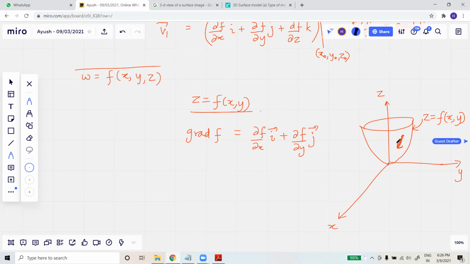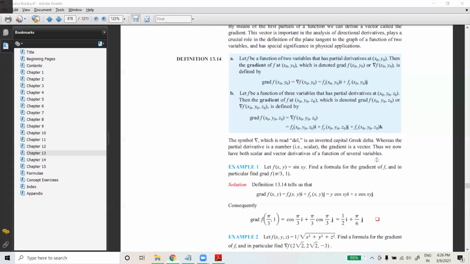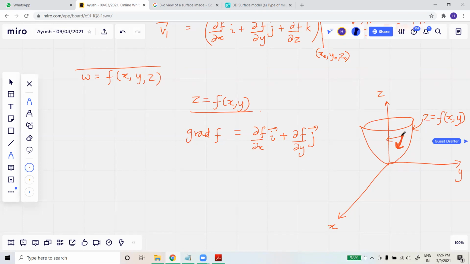That is the gradient. So how the function is changing along x plus how the function is changing along y. Like the physical meaning. But in which direction? You could go like this, you could go like this, you could go like this, right?